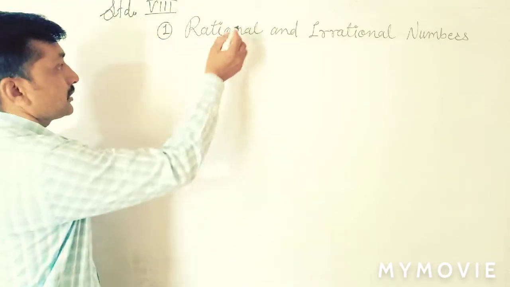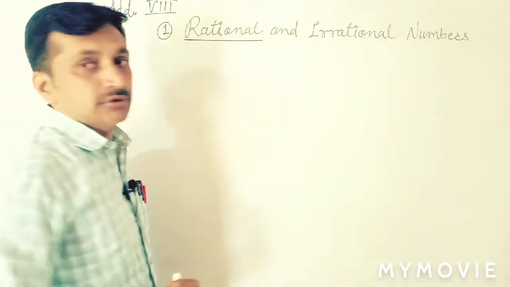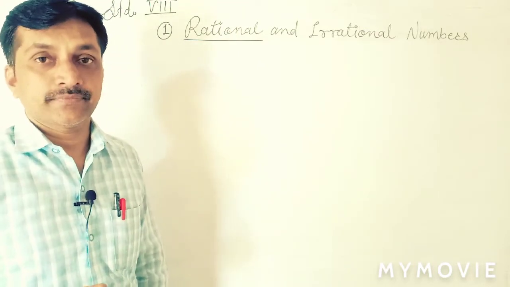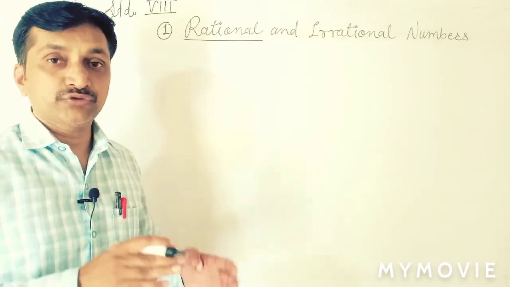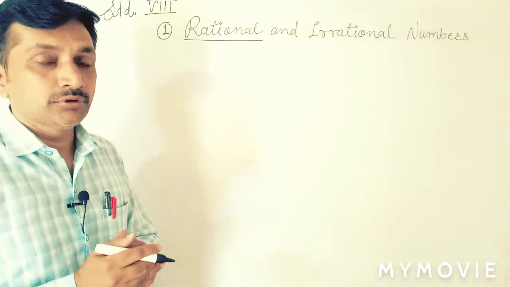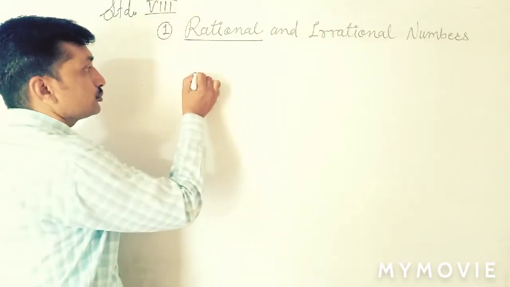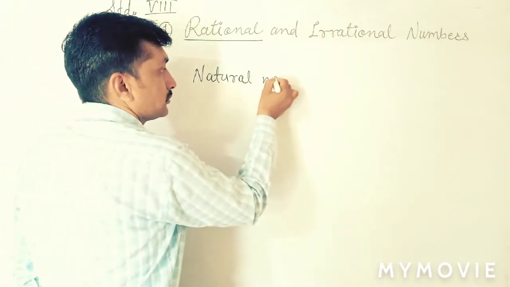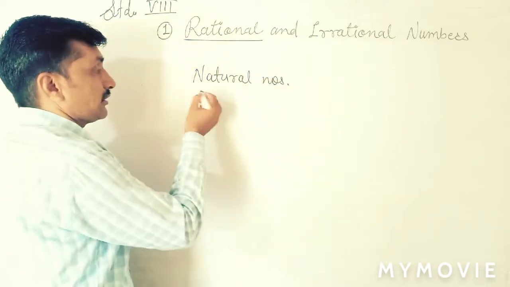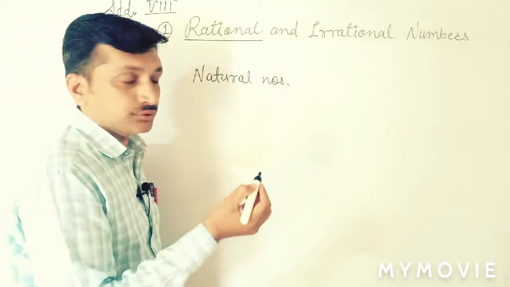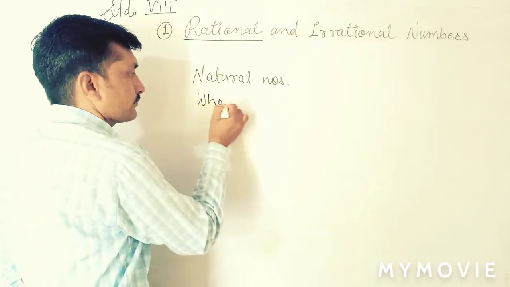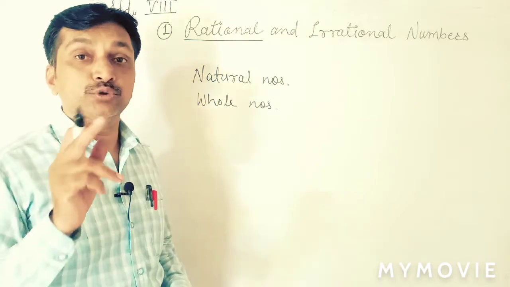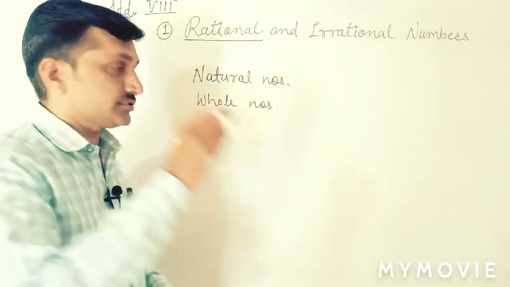Dear friends, now here first is rational numbers. Let's see about this. Which are rational numbers? Which numbers can we include in this group? In the previous standard you learnt about natural numbers, after that whole numbers, and after that integers also.